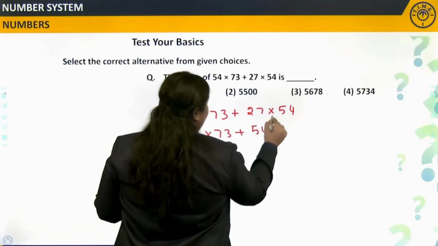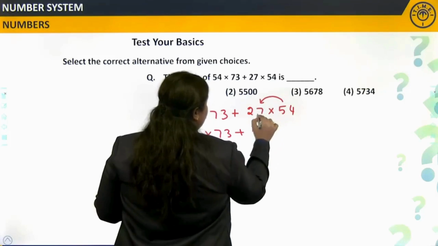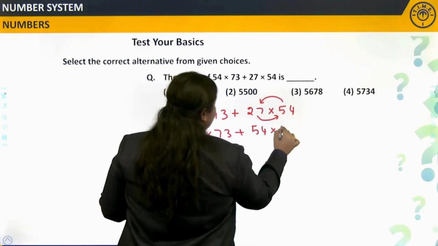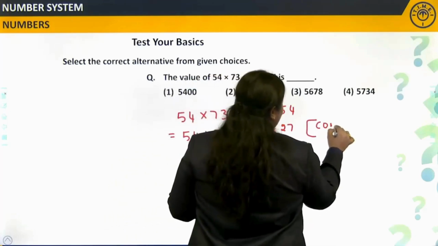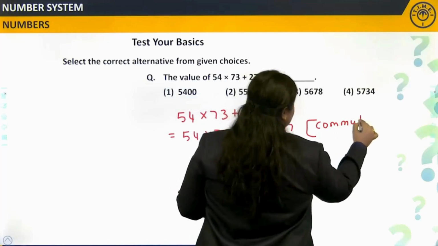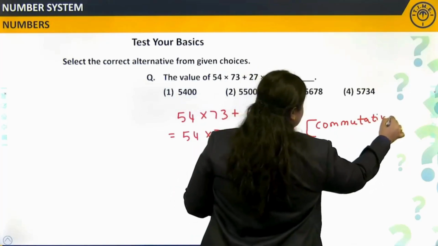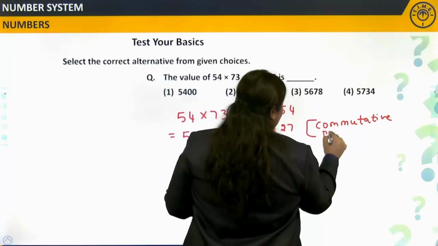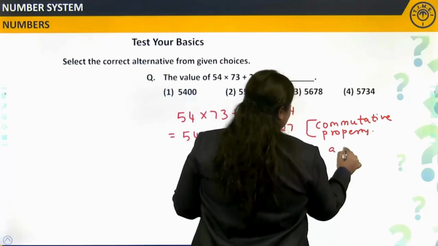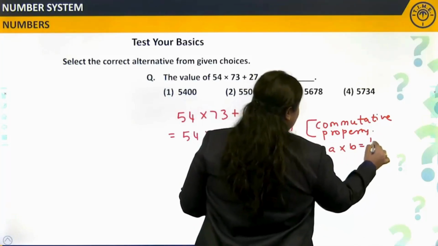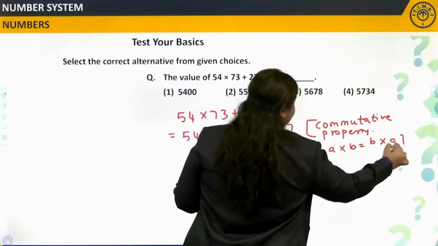Using commutative property, this will come here and this will go there. 54 into 27. What is the property we are using here? Commutative property, under multiplication, right? What is commutative property? It says A into B is the same as B into A.